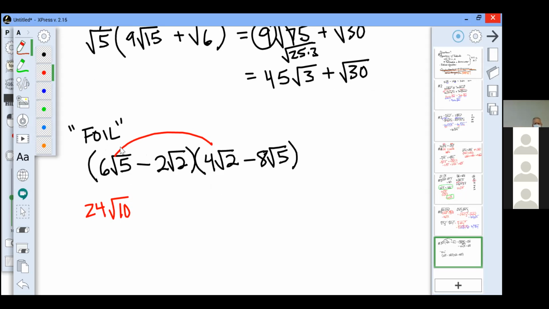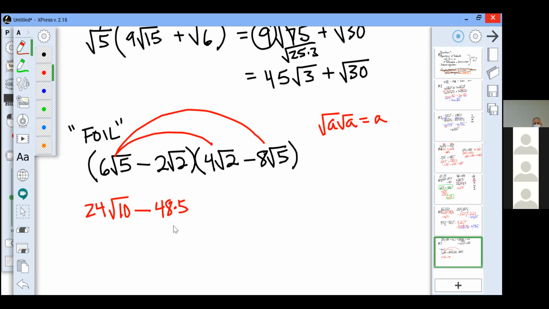Okay. Our outside are those two. Okay. Now that's a negative on the 8, so it's minus. 6 times 8 is 48. What about radical 5 times radical 5? That's the definition of a square root. So the definition of a square root is you got the same number underneath.